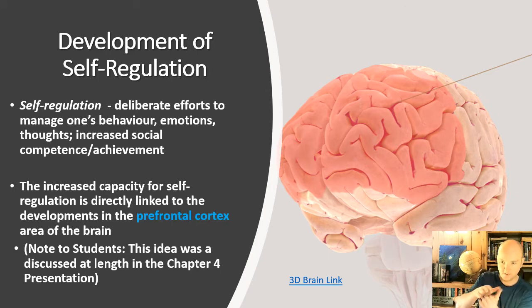To get back to normal. So you're all of a sudden really upset, and can you calm back down? Can you do it by yourself? Can you self-regulate? And remember, compared to an earlier child that maybe needs the parent to soothe them, to calm down, can you use a deliberate effort to manage your own behavior? Can you think about what you want to do and do it even when your emotions are strong?